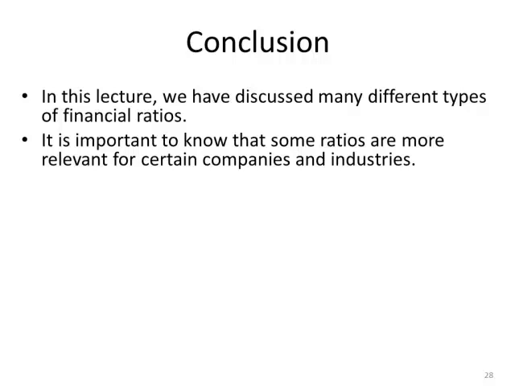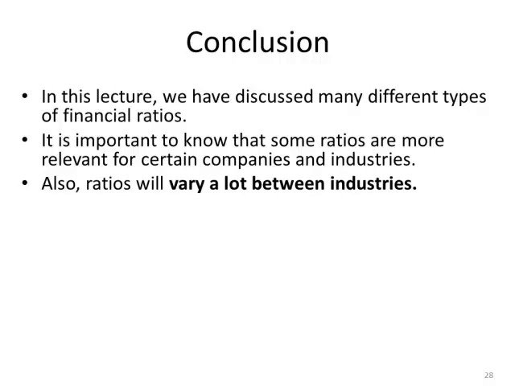So we need to keep this in mind when we look at these ratios. We cannot really look at a fixed asset ratio for a company that's in the service sector that only has offices, right? That would not be very informative. So we need to adapt the importance of each of these ratios depending on the company or industry that we are looking at.